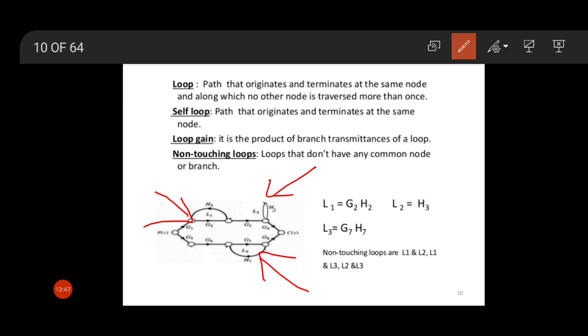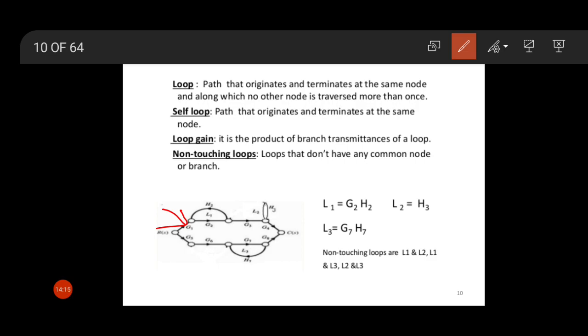A loop is a path that originates and terminates at the same node, and along which no other node is traversed more than once. Here, if we consider the first loop, it starts at this node and terminates at the same node.